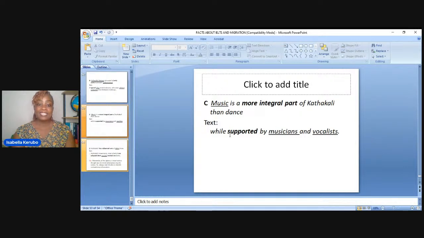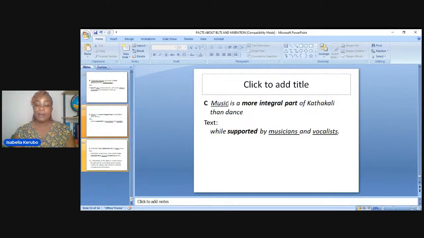But in the text, we actually read that they both play the same role. If you continued reading that text, it says that they blend. They come together, they come in and blend to bring out the best of this dance.